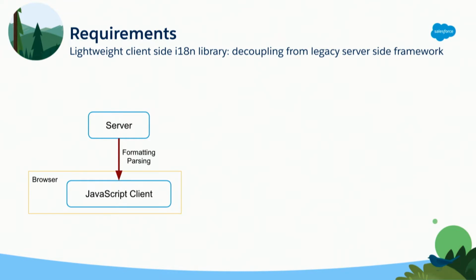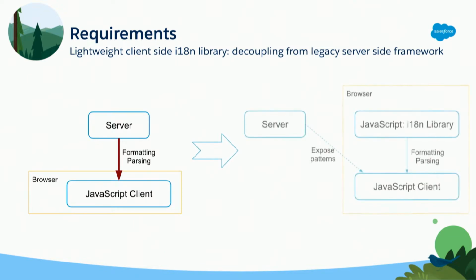The same with the parsing action. So it was heavily using the backend, doing lots of calls. We wanted to transition it to something more modern, something that runs completely in the browser, and that is only using the server for whatever is really necessary. So in our case, those would be the patterns.